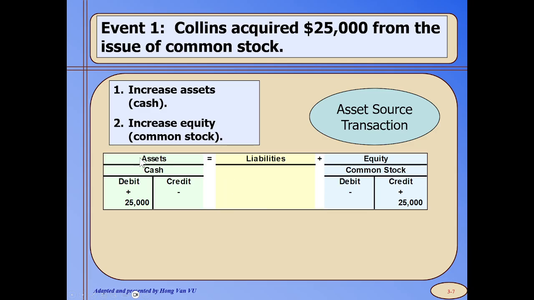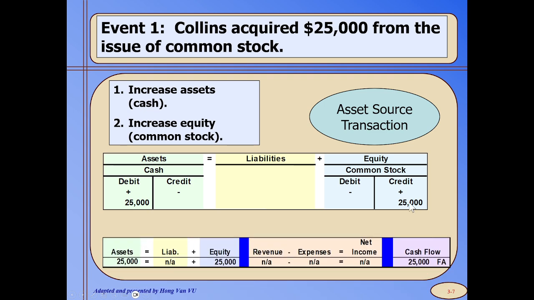We see the first line is the basic accounting equation: assets equal liabilities plus the owner's shareholders' equity. So when we issue the stock for cash acquired, we have a cash increase of 25,000, so we debit 25,000 on the cash account and we credit 25,000 on the common stock account.